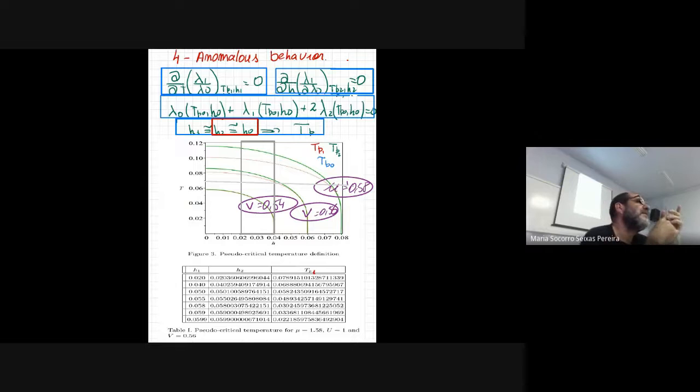After obtaining the pseudo-critical temperature, we use it in another expression to obtain the second value of magnetic field. If these two magnetic fields are very similar, we have a good condition that this temperature is very well defined.